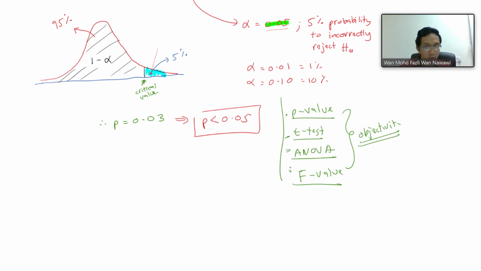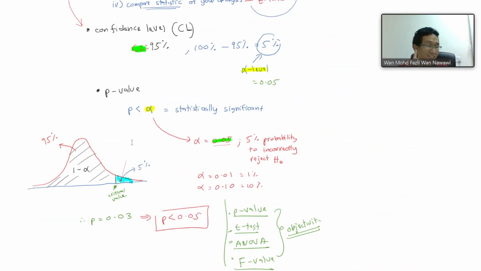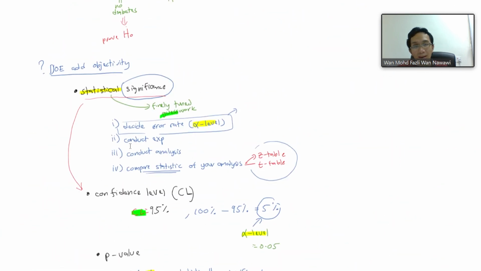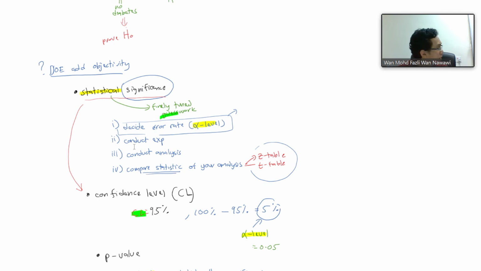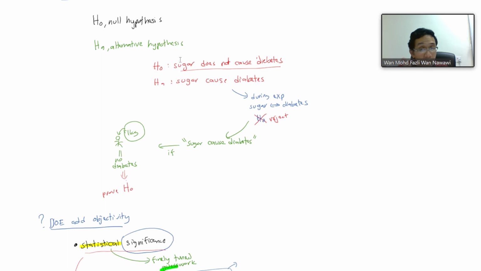The main idea of statistics in DOE is to either reject or accept the null hypothesis. Normally a null hypothesis means no effects.